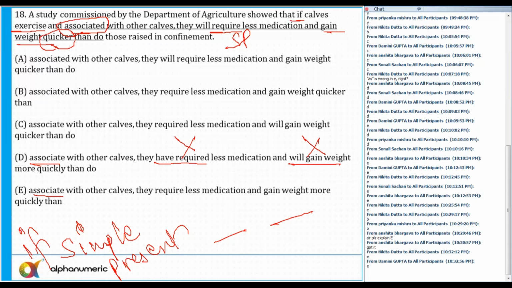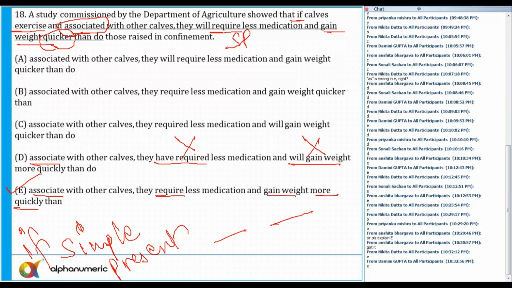Associate, they will require, associate, require and gain weight more quickly. Yes, E is the answer. E is the right answer for question number 18.